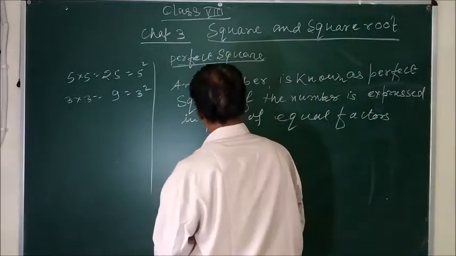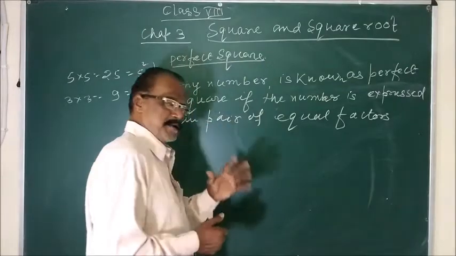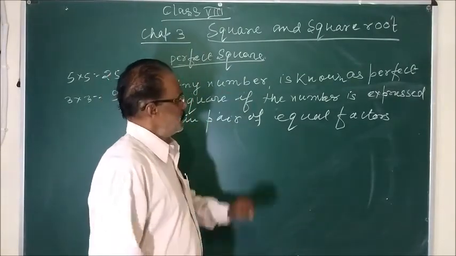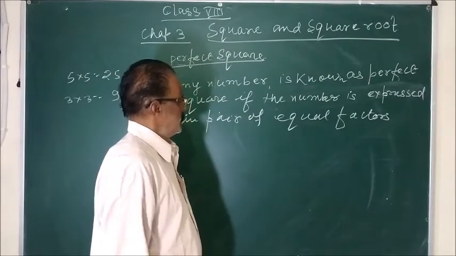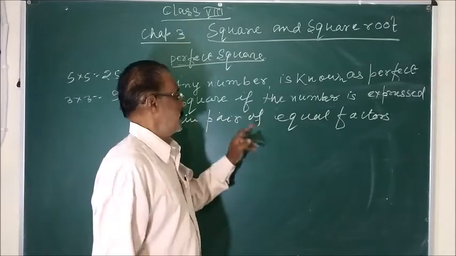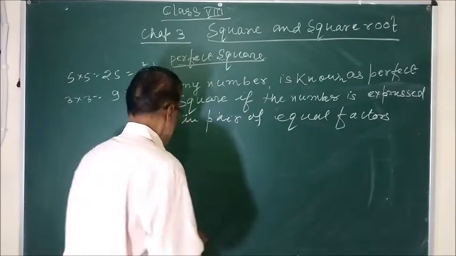Now you see, what is a perfect square? If the number is expressed in pairs of equal factors.